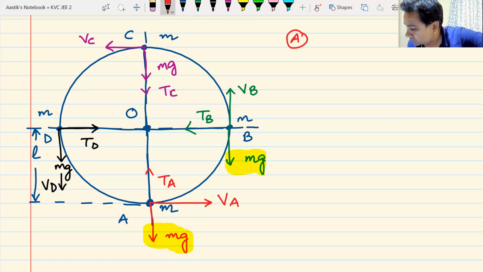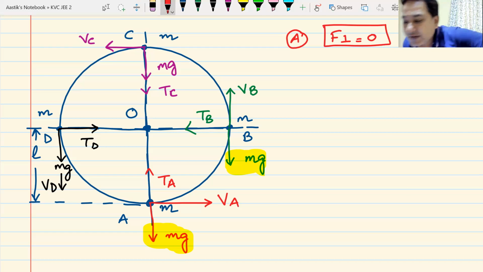There is no force in the perpendicular direction. Because there is no motion happening in the perpendicular direction, there is no force in that direction, so we don't have to write that equation at all.